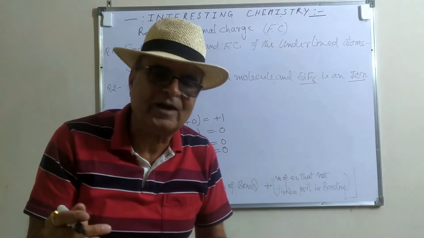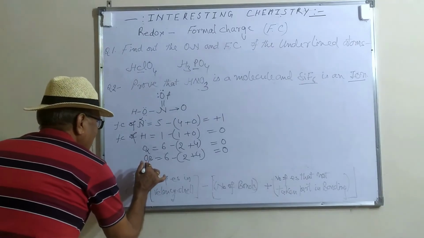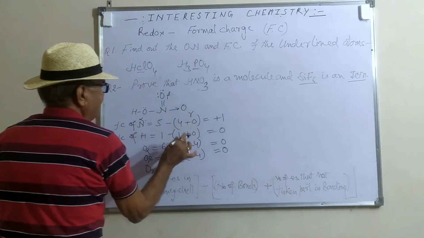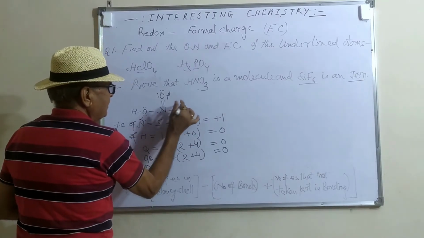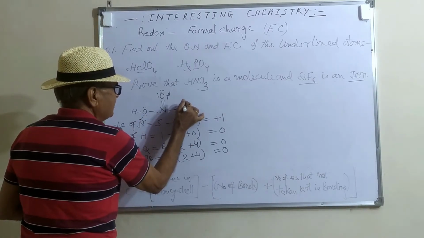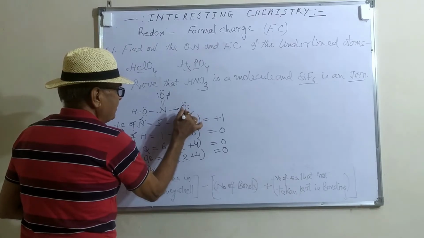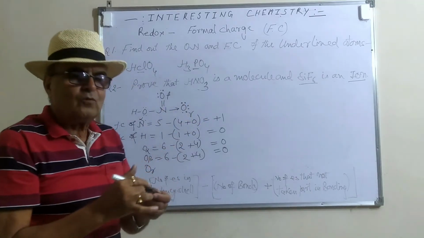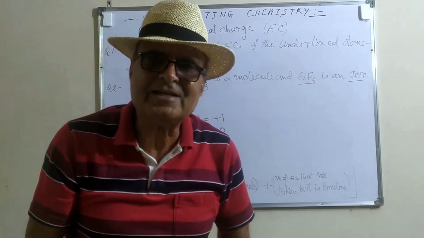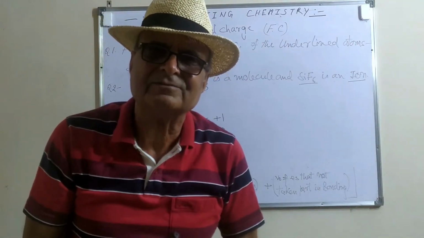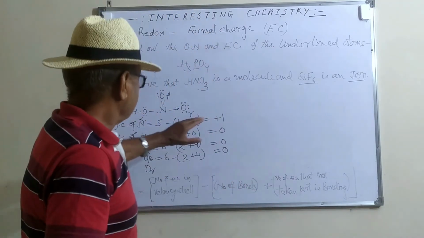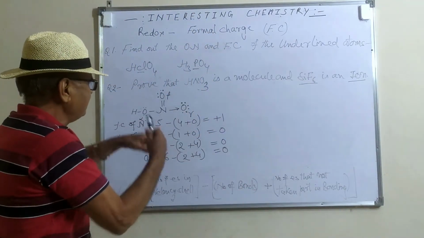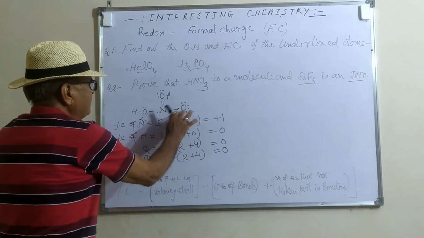How will you find the answer? So write here O gamma. This one, O gamma. Now complete the electrons. In this bonding, the electron of the oxygen hasn't taken part. It is nitrogen that gave 1 electron to oxygen and made a bond with the oxygen.